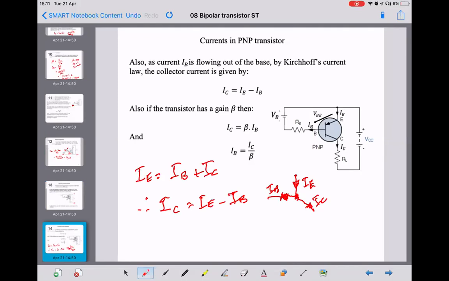Whereas in the NPN, the collector current actually is still the emitter current, because the emitter current in the NPN was the IB plus IC, wasn't it? Oh, I might have missed that.